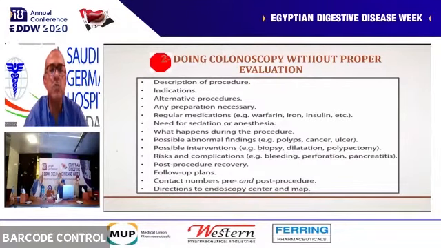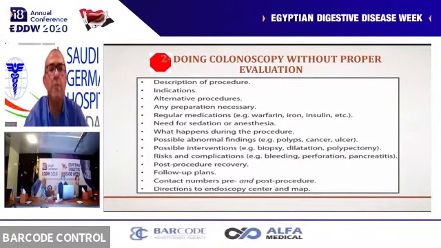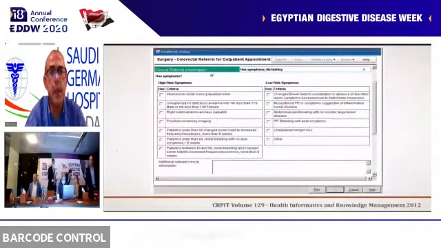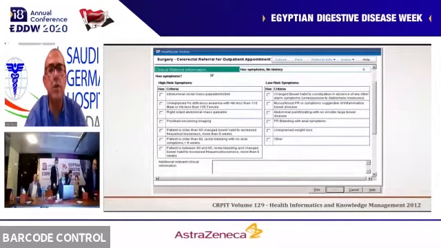The patient should be accompanied by someone to drive him back home, and should have the contact numbers of your unit so that he can communicate if any mishap occurs post-procedure. This can be done either as a soft copy or a hard copy to make the story easy.